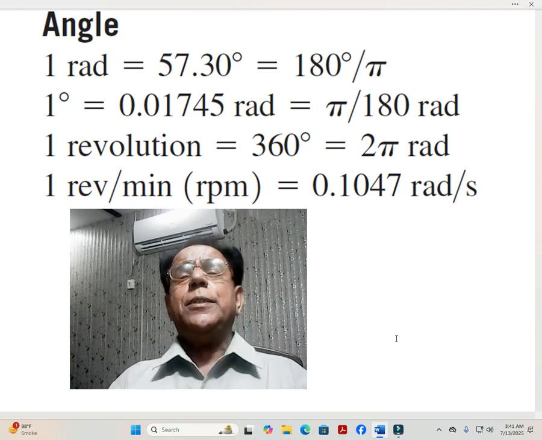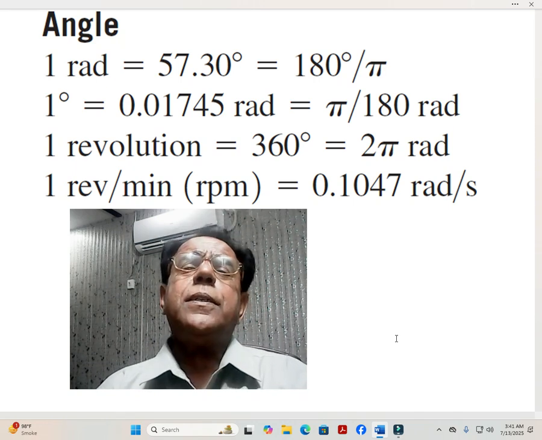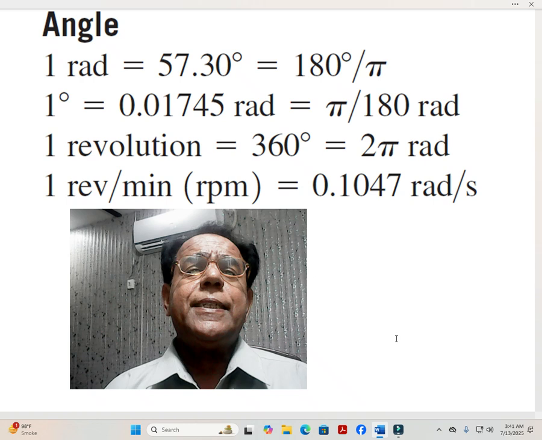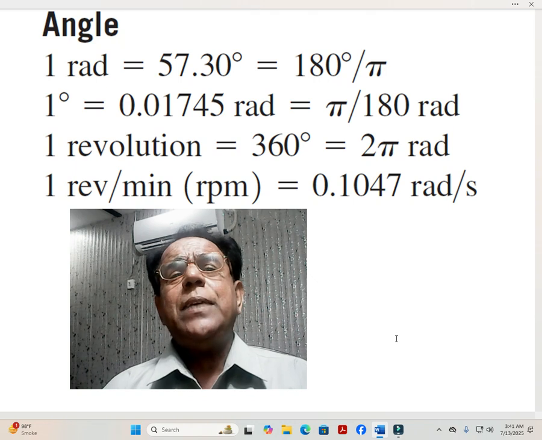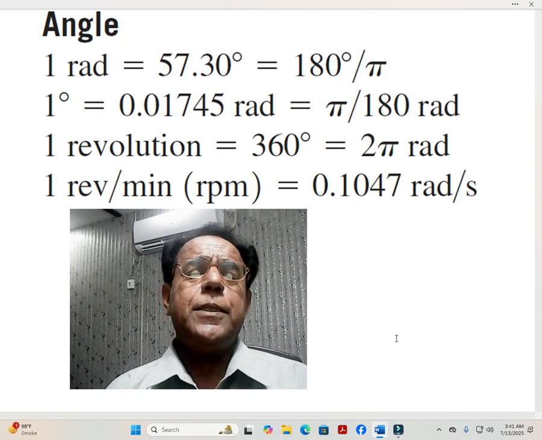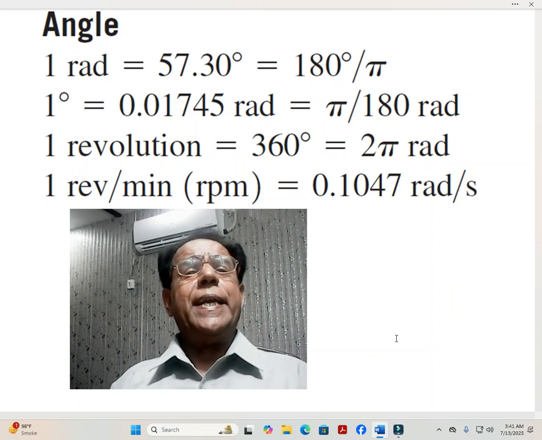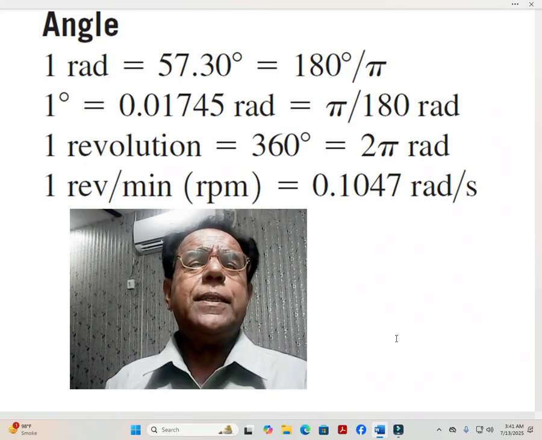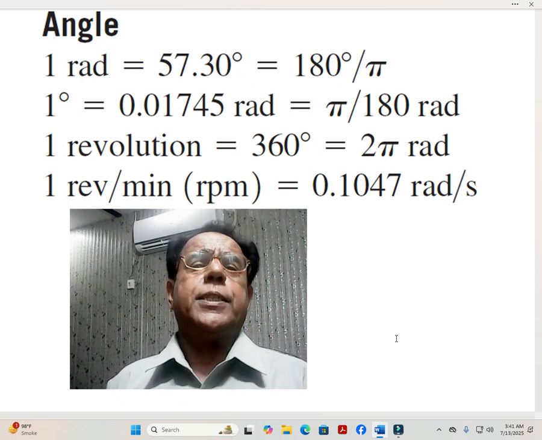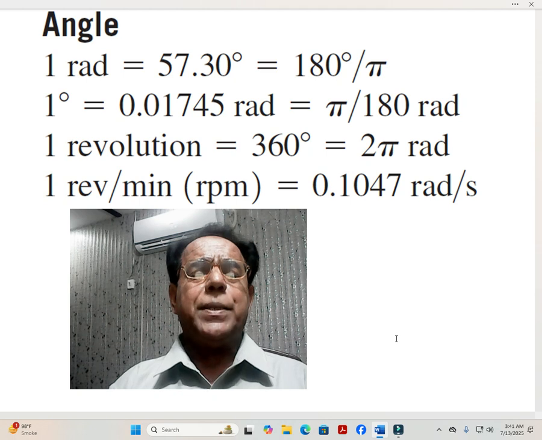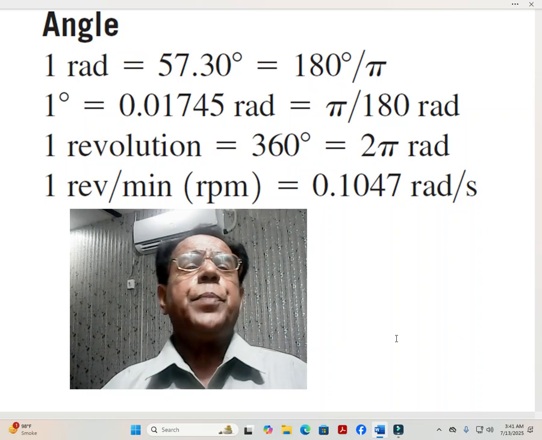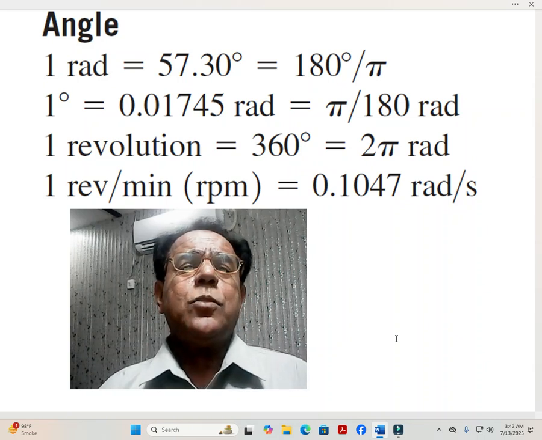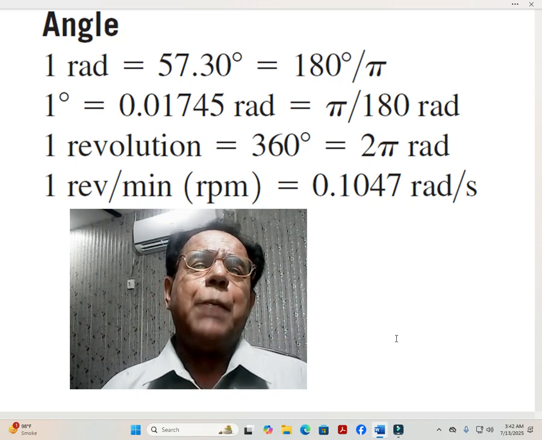Moreover, this radian often causes confusion in the adjustment of units of various quantities. That is why we adopt the process that we take quantities without their basic units. We take all the quantities in the MKS system and simply calculate the quantities without their units, and the resultant quantity which comes as a result is also expressed in the MKS system.